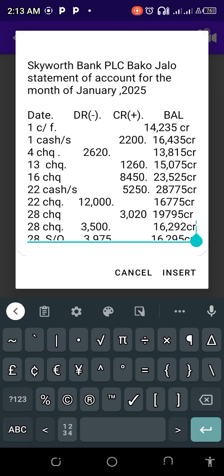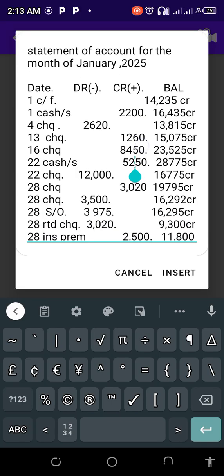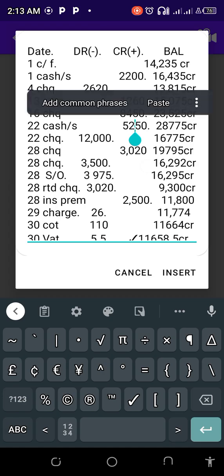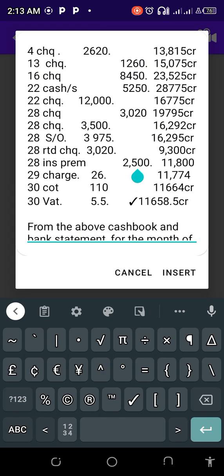Some transactions are there also. For example, the cash sales is on the credit column. Check on the 13th, credit column. All these that I'm highlighting are under the credit column of the bank statement, and that is the balances.